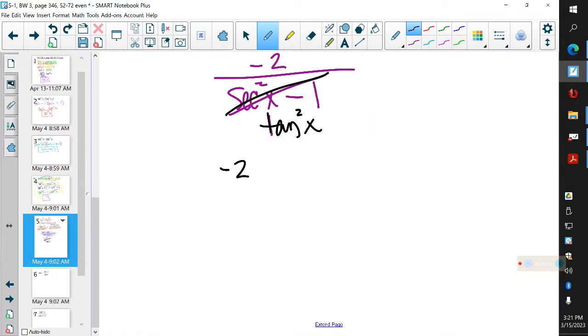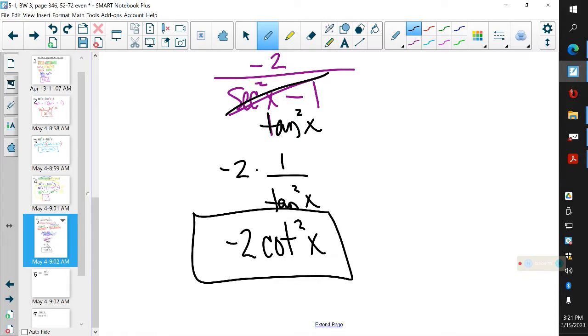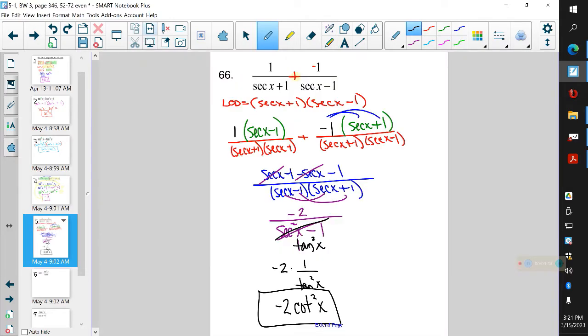So now I have -2 times 1 over the tangent squared of x. Well, what is 1 over the tangent squared of x? That is going to be the cotangent squared of x. And as you can tell for number 66, if you check your answer key, this is going to be the correct answer. Okay?